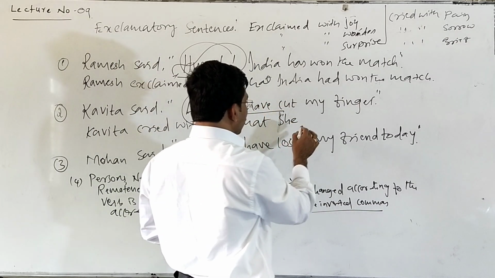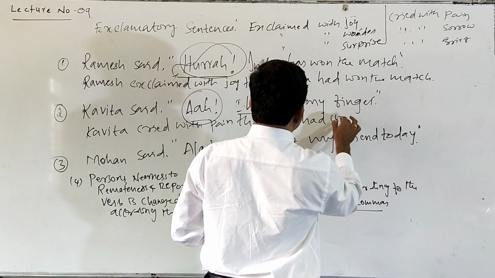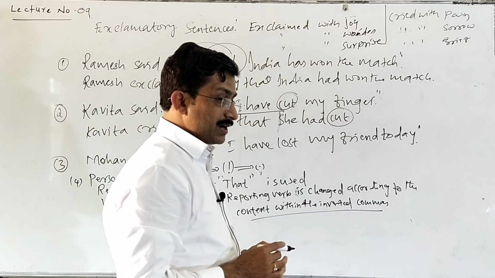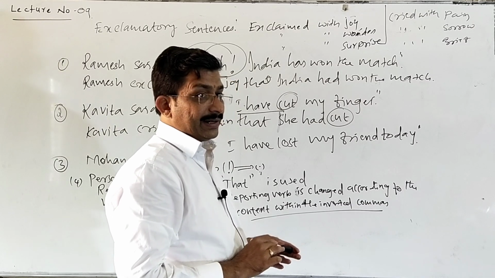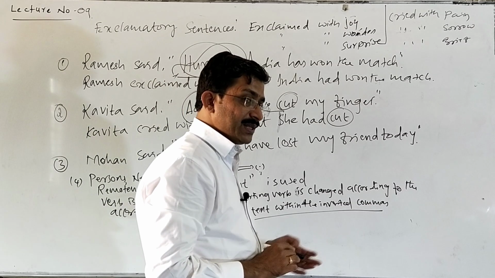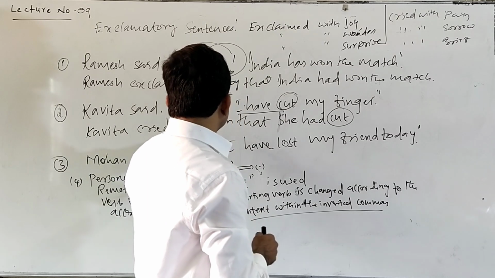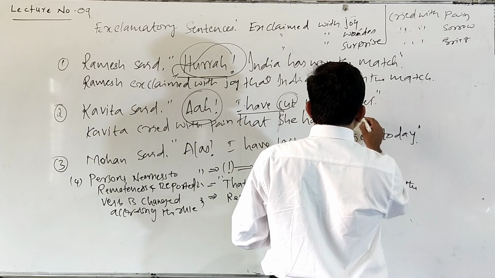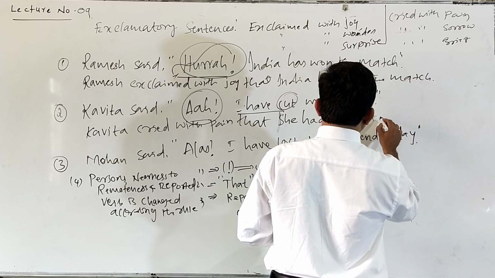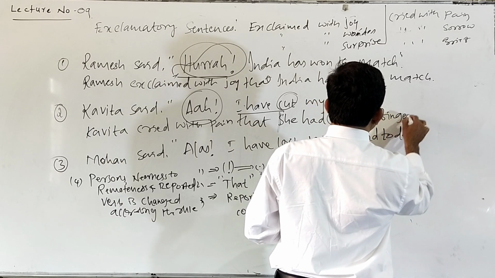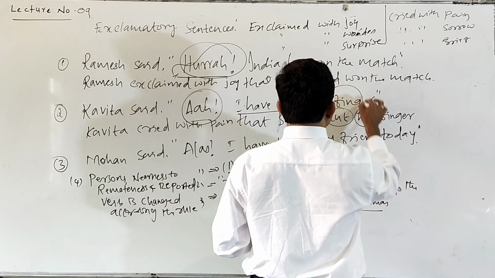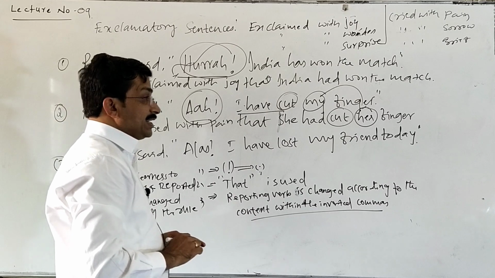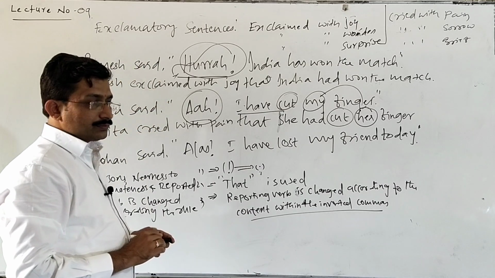Present perfect is changed into past perfect: she had cut. Cut remains cut, a peculiar verb. When we started the discussion of verbs, they were explained: peculiar verbs, irregular verbs and regular verbs. With pain that she had cut her finger, not my finger, her finger. Change of person. It means Kavita cried with pain that she had cut her finger.